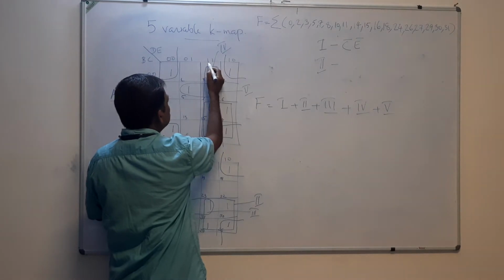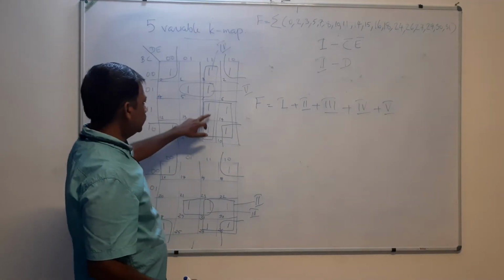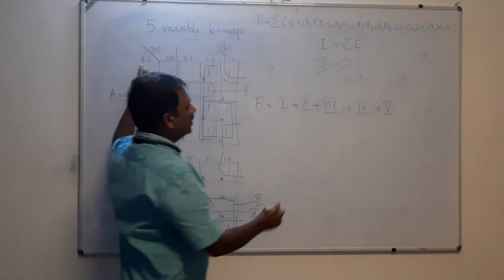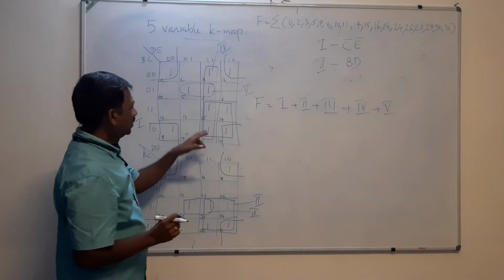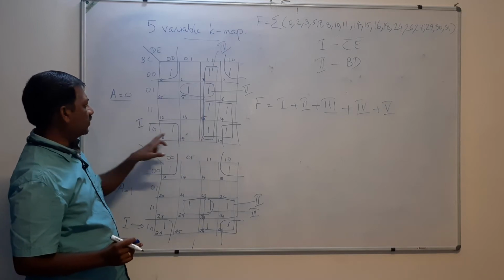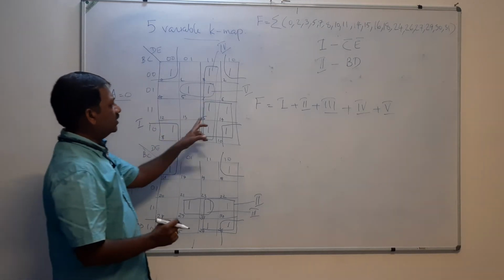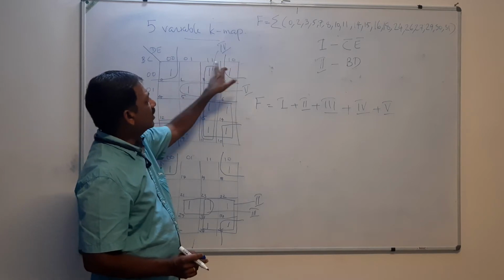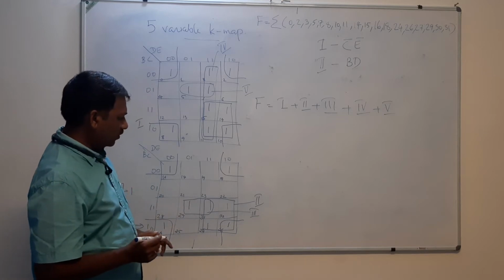What is 1? 1 is D, so D remains. And changing from this to this, that means 1 1 to 1 0, what remains is B. That means BD. This one represents BC and this one represents BC bar. BC or BC bar means B. And changing from here to here, DE to DE bar, D also remains. So the second is BD.